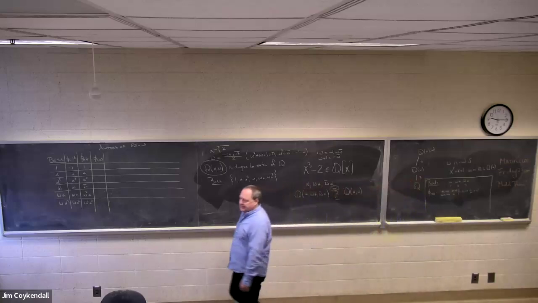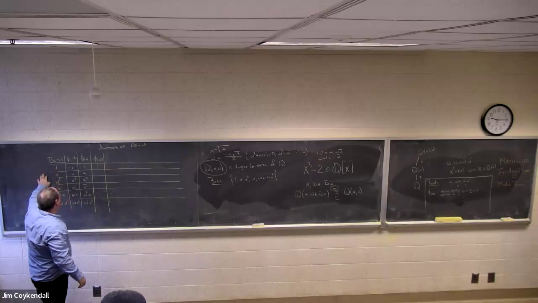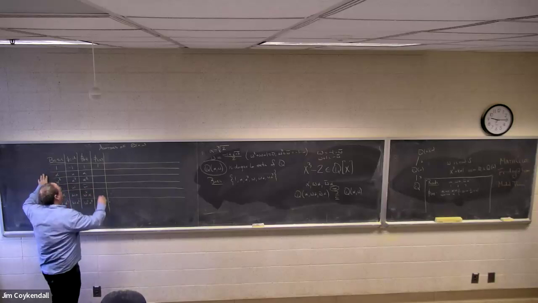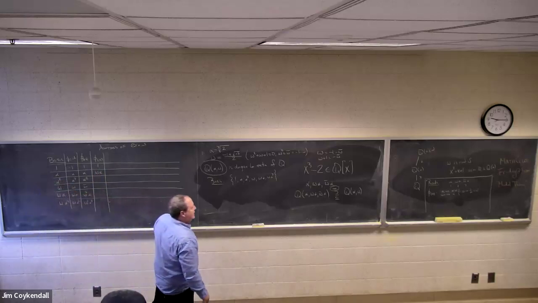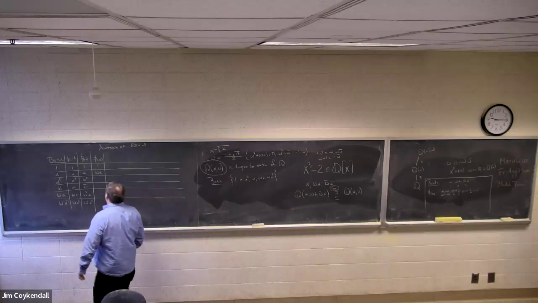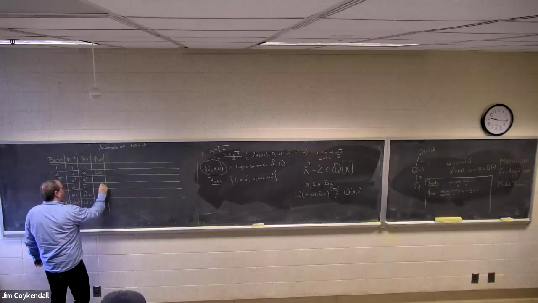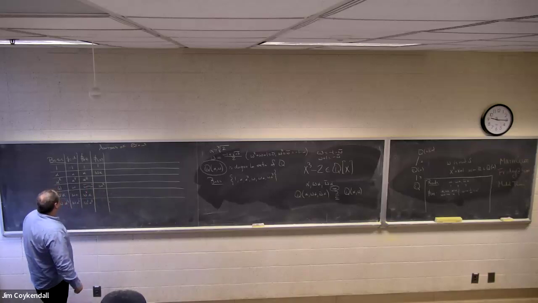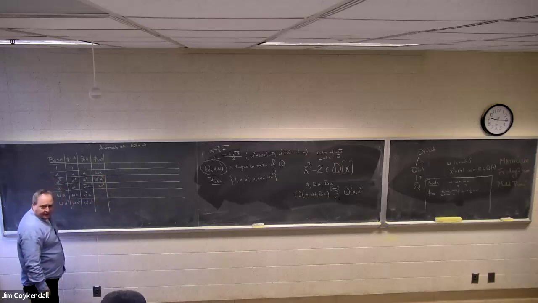So let's see what this does. This, of course, takes 1 to 1, as all the automorphisms should. This takes alpha to omega alpha. And it takes omega to omega bar, omega squared, I'll write it this way. So what does it take alpha squared to? Well, if it takes alpha to omega alpha, then it takes alpha squared to omega squared alpha squared, right?